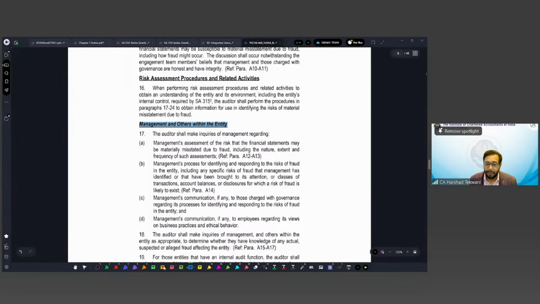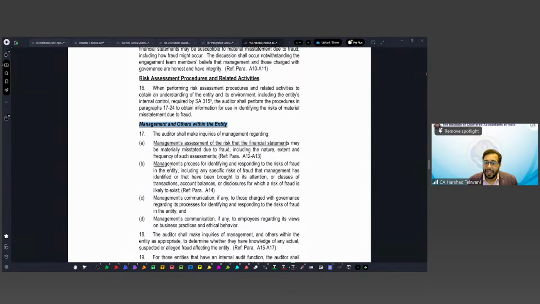Number one, you will inquire management of their assessment of the risk of the financial statement. Management's assessment of the risk of the financial statement. Remember the first point we discussed: what management thinks about the fraud. Are they fine, or have they implemented something, what is their view on the fraud? Second, management's process for identifying and responding to the fraud.